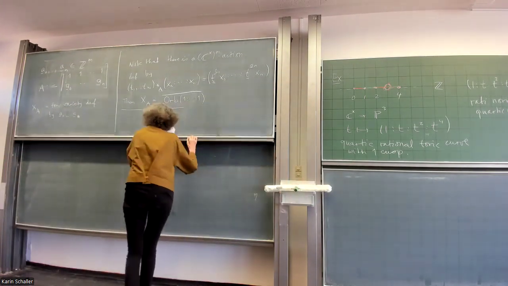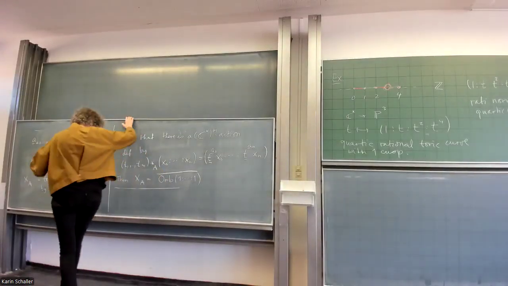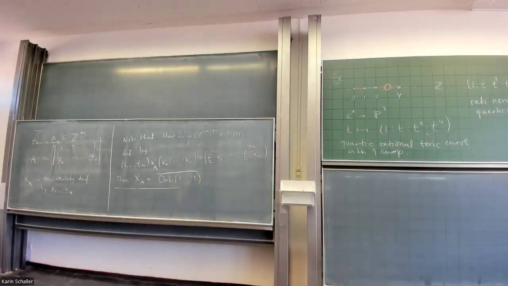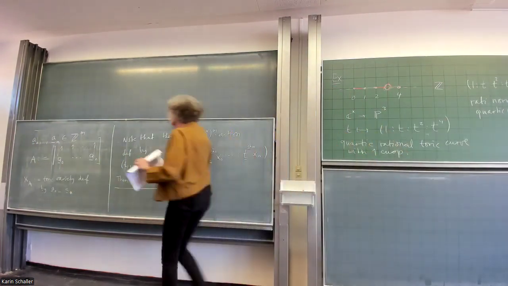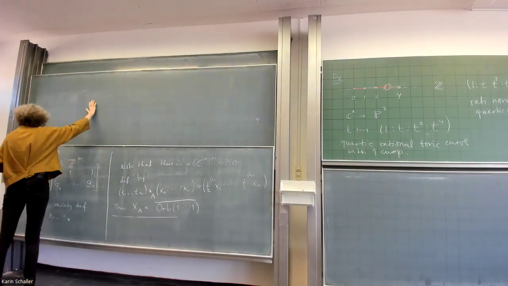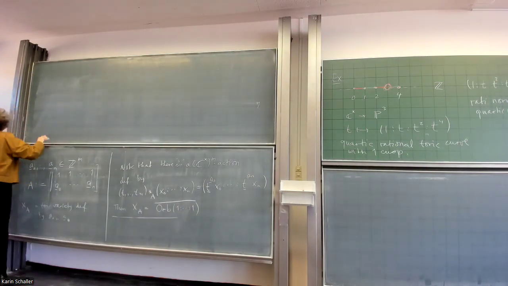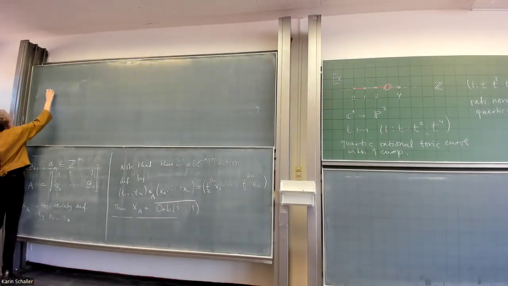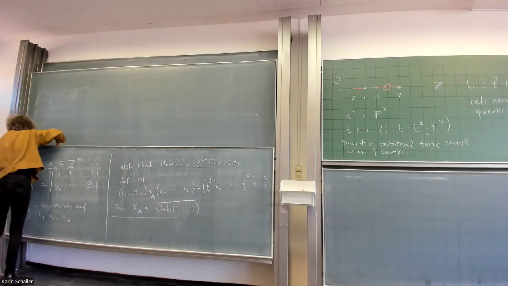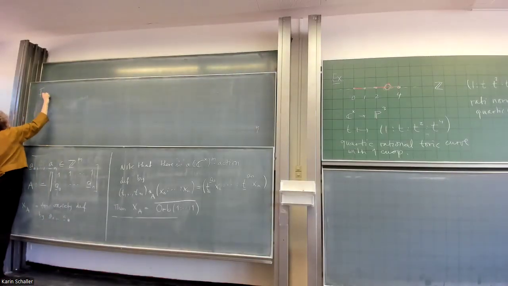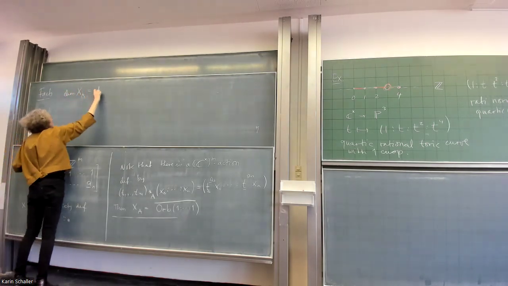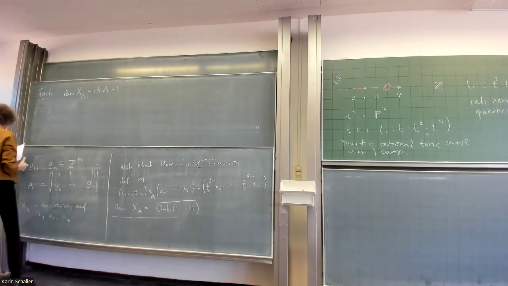Facts. The dimension of XA is the rank of A minus 1.